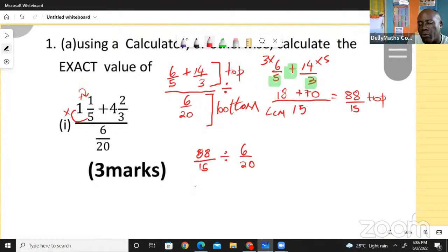So this is the approach that we want to have, all right? Now, whenever you divide fractions, guys, you remember that you change your division into multiplication. So the division will be changed into multiplication, and then you're going to flip the last fraction upside down, and we say reciprocate. So we turn it upside down, we'll get 20/6.